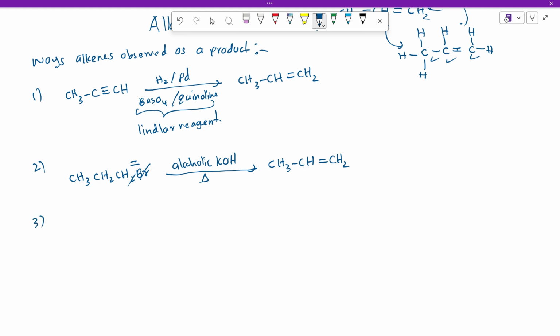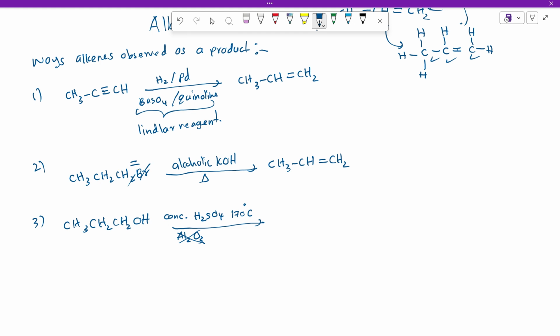conversion is you have an alcohol, that is CH3CH2CH2OH, and once you add concentrated H2SO4 at 170 degrees Celsius, or else you can add Al2O3, that is not needed.